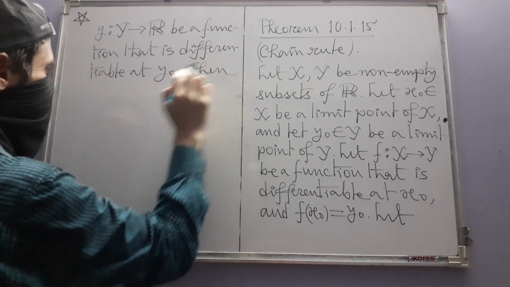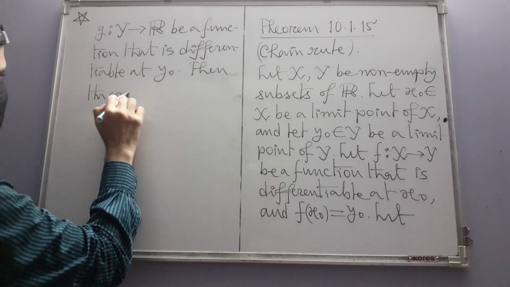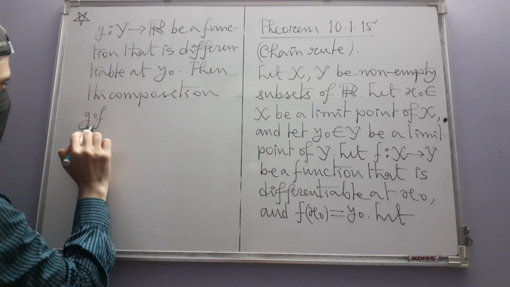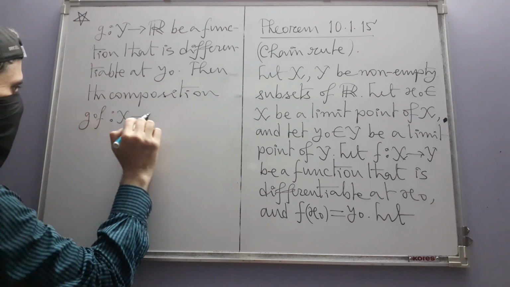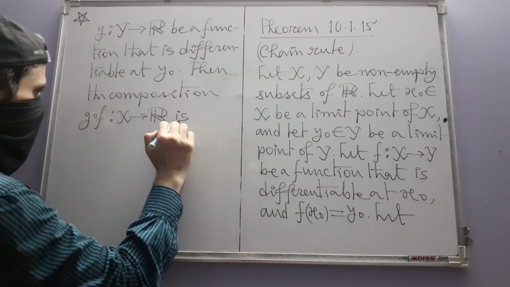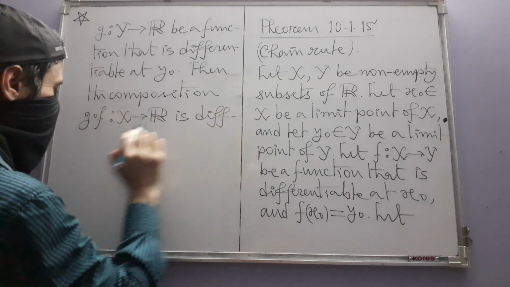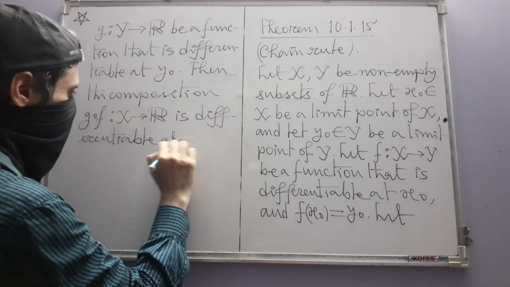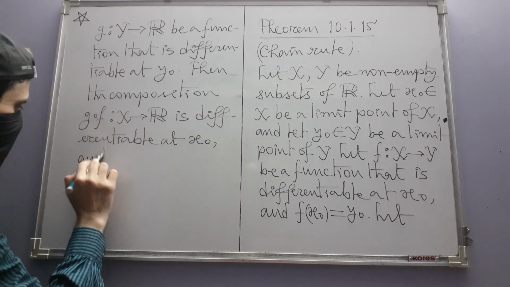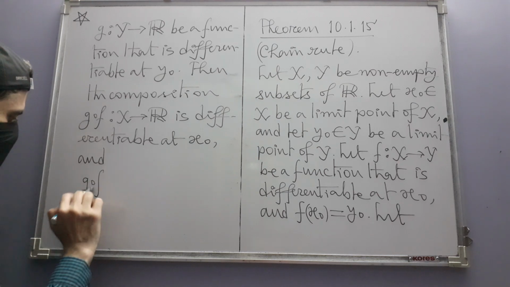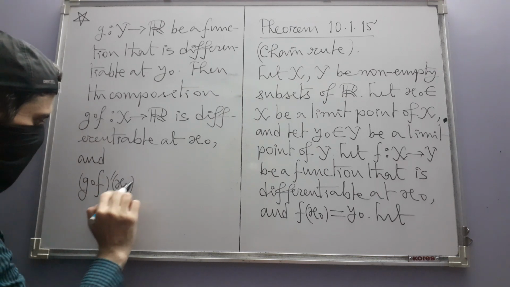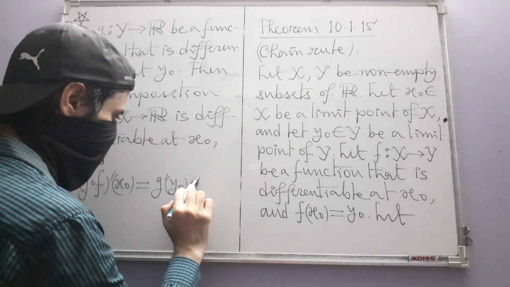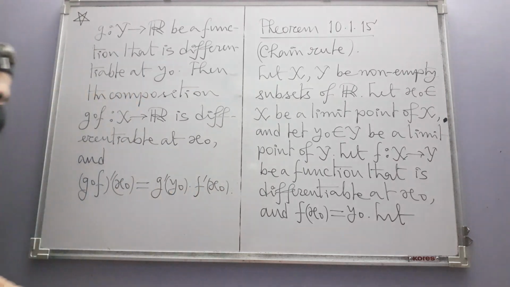Then the conclusion is this: the composition g composition f, which of course is a function from X into R, is differentiable at x naught, and the derivative of this composition at x naught is the product of the derivative of g at y naught and the derivative of f at x naught.